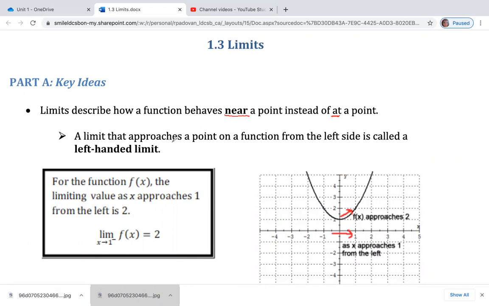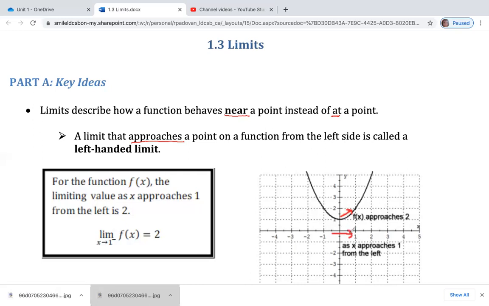A limit that approaches a point on a function from the left side is called a left-handed limit. So if we look at this function, f of x, here is our graph. For the function f of x, the limiting value as x approaches 1 from the left side. So from my left side, it's an x value of 1.